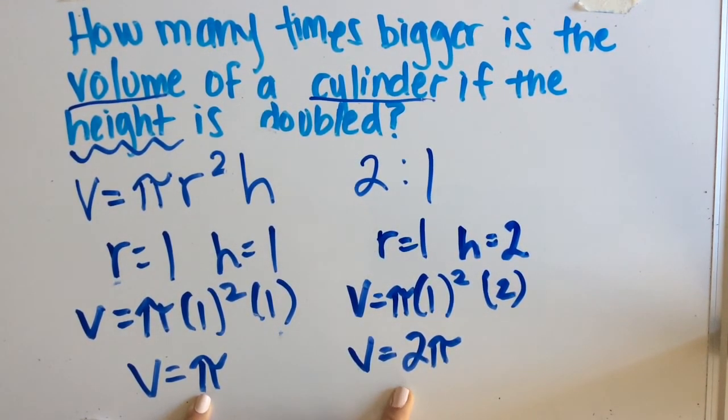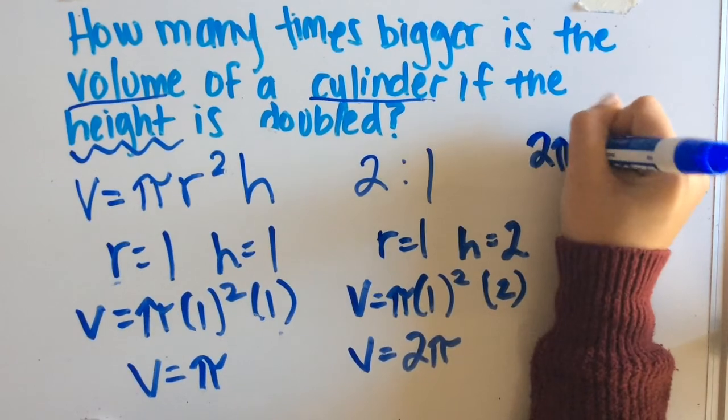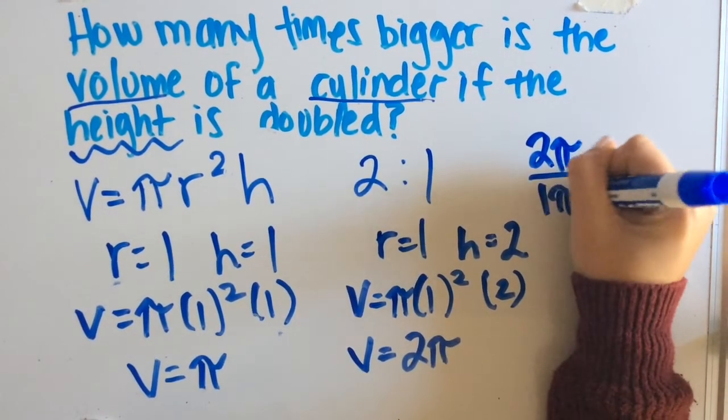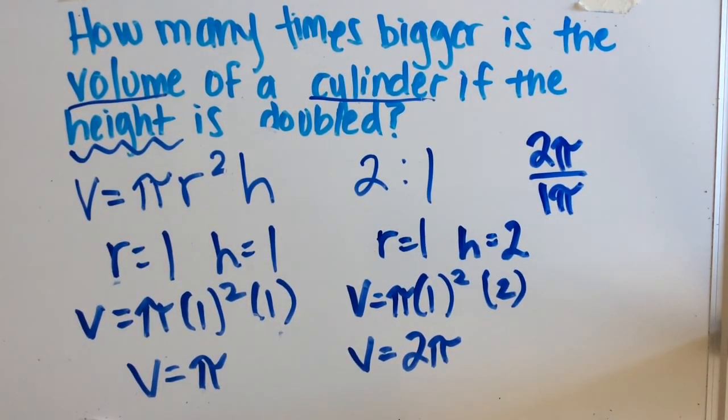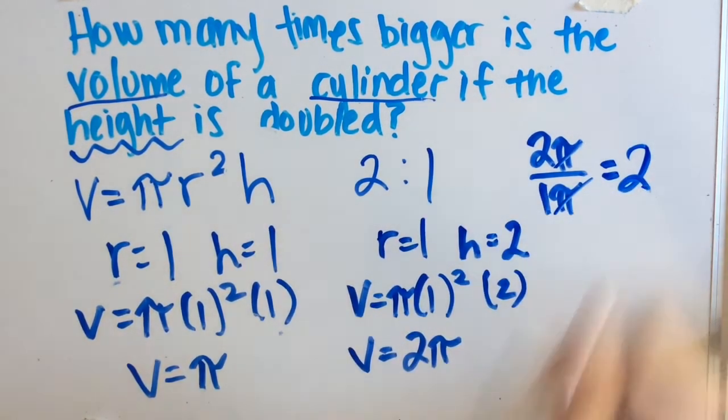The volume of the cylinder with the height doubled is 2 pi, and the volume of the cylinder with just a regular height is pi. That's just the relationship, the ratio between the two. So I'm going to put them in ratio form, okay? 2 pi over 1 pi as a fraction. Okay, if I simplify this, first of all, pi over pi gets canceled out. So I'm left with 2 over 1, which is the same as 2.